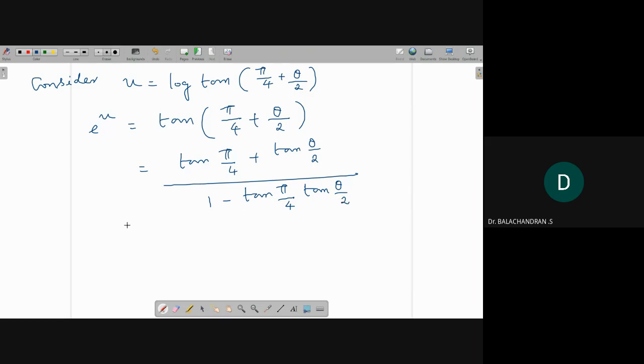So e power u equals 1 plus tan theta by 2 divided by 1 minus, this is also 1, tan theta by 2. Similarly, e power minus u, I am going to write directly: 1 minus tan theta by 2 divided by 1 plus tan theta by 2.